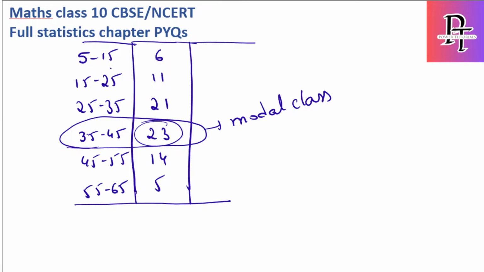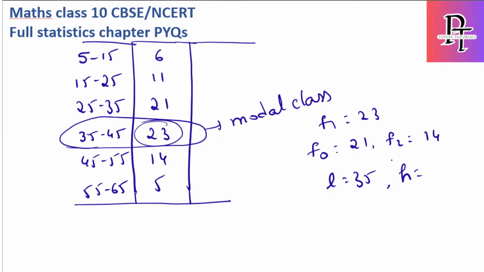For that, from that table you have to prepare this table and then solve it. For the modal class we can directly use this value. So f1 value is 23, f0 is the preceding one, which is 21, f2 is the succeeding one, which is 14. L value of the modal class is 35. And h value is the class interval difference, which is 25 to 35, which is 10. So simply now apply the formula.